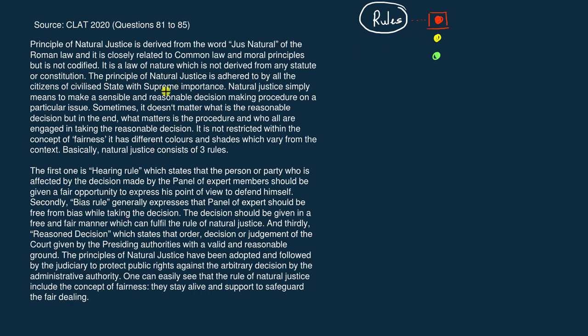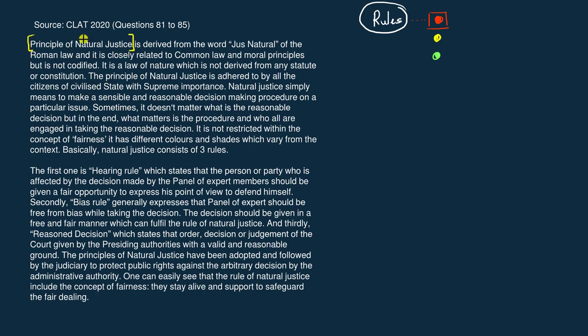It's got 2 paragraphs. Let's see paragraph number 1 and understand what is given in it. Let's start reading. The principle of natural justice is derived from the word jus naturale of the Roman law, and it is closely related to common law and moral principles, but is not codified. The first sentence's important point is that we can understand what the discussion is.